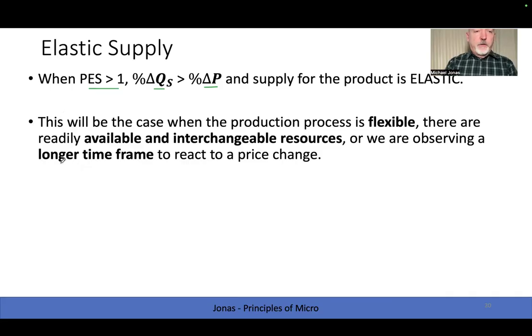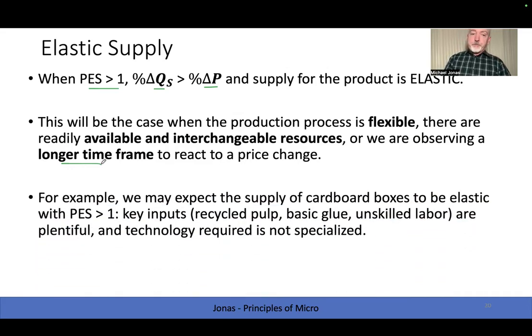The other thing that can affect elasticity, as we saw on the demand side, is the time frame. If we're looking at a supply curve over a long period of time, we have more time to obtain resources and increase production when price goes up, and we're going to tend to see a more elastic supply over a longer time frame.